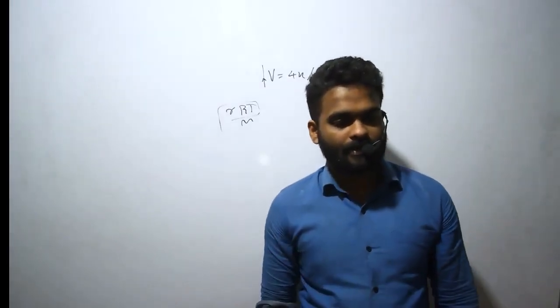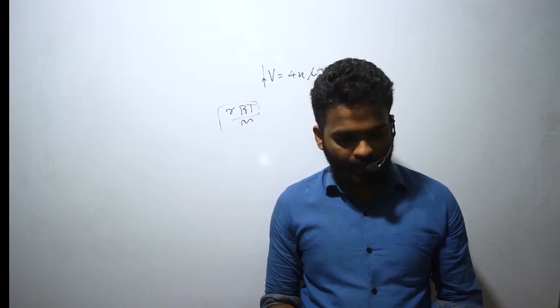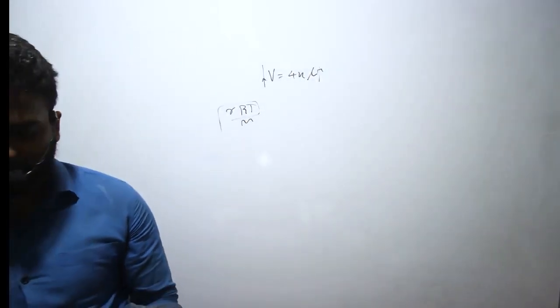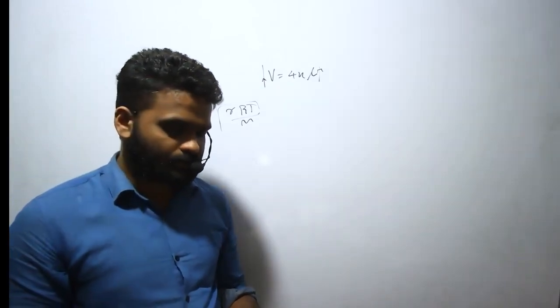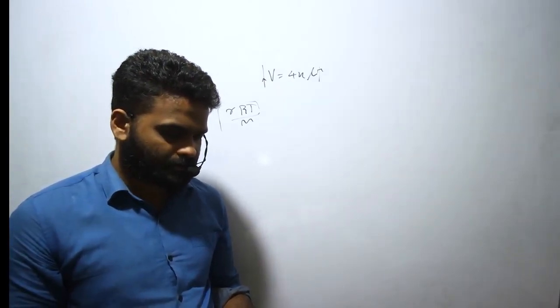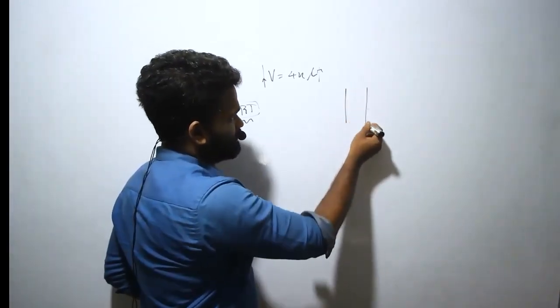Then G. For accurate calculations, an end correction has to be introduced only to the open end of the tube and not to the closed end. So what they say is obvious, right?